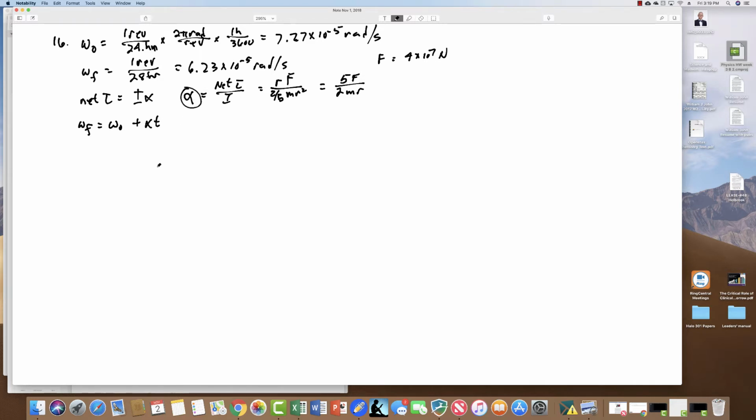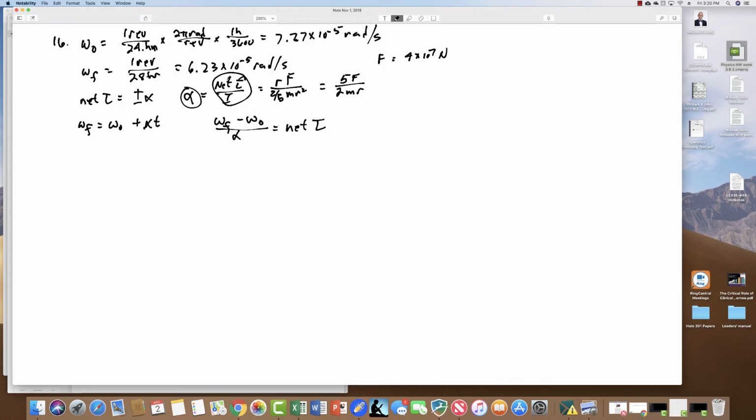Now we have alpha up here, so if we take this equation and put that in for alpha, rearrange, and move this over to this side and divide by alpha, we get the time.